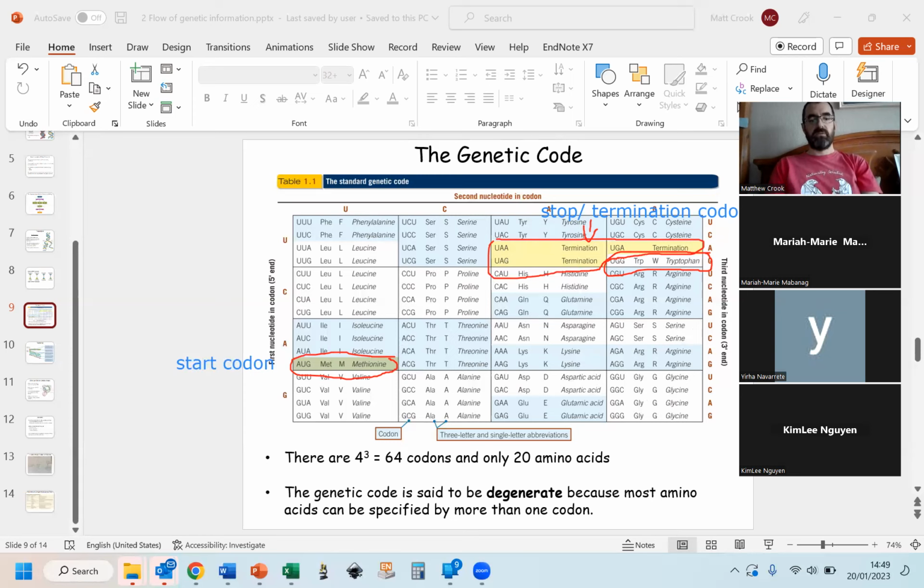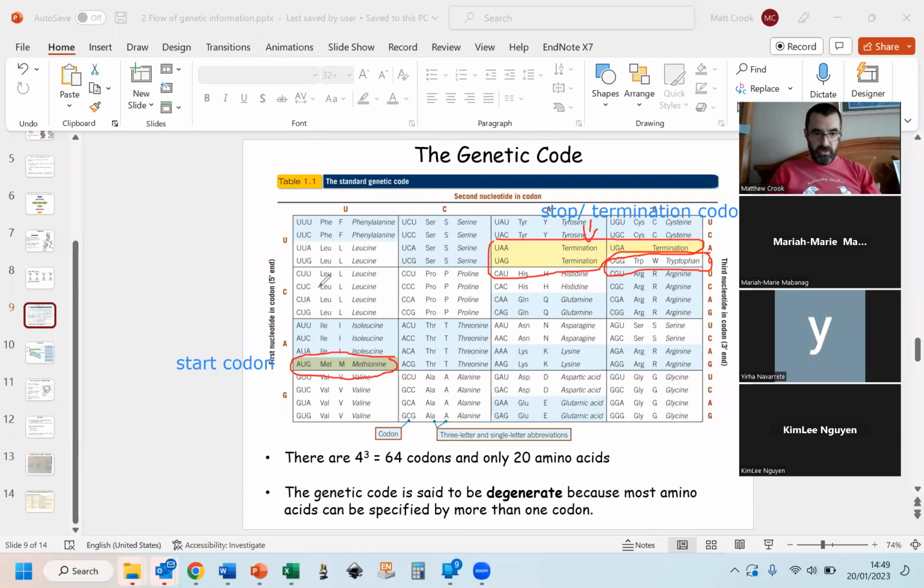More than one codon equals the same amino acid. And this is a big boon in resistance to the effect of mutations.